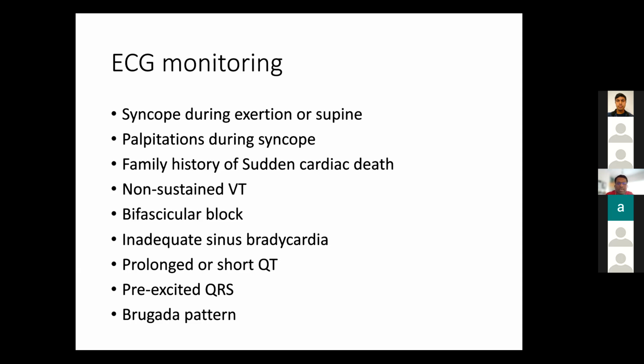If the syncope occurs during exertion or in the supine position, with associated palpitations or the feeling of palpitations during the syncope episode, or a family history of sudden death, non-sustained VT, bifascicular block, prolonged or short QT, fixed QRS, or Brugada pattern. With any of these abnormalities, you suggest monitoring, depending on their symptoms and how they present.